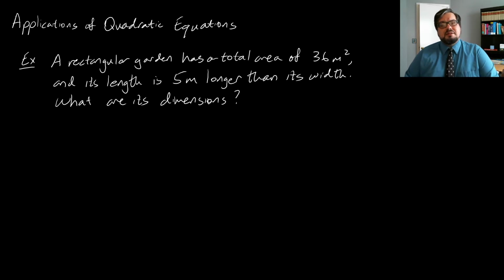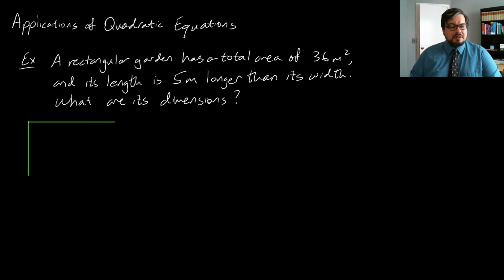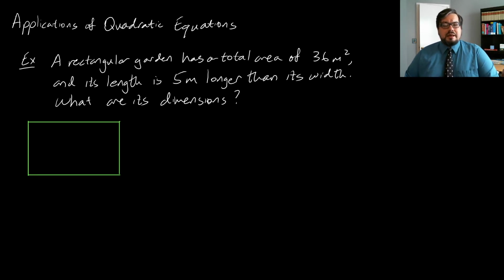So in this case, the problem is asking for the dimensions of the garden. And we can sketch out the garden, as is usually a good idea with geometric problems. Sketching out the situation to keep track of things is usually a good idea. And so we are asked to find the dimensions of this garden. And so using one of the dimensions as the variable is usually a good idea.